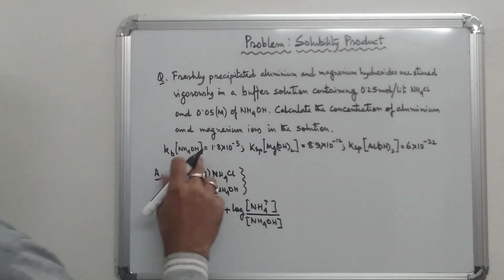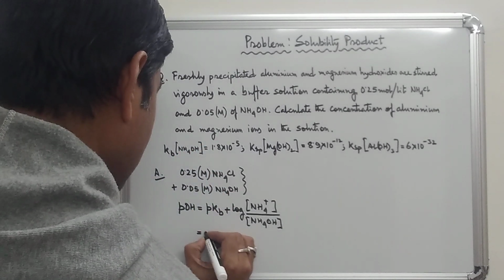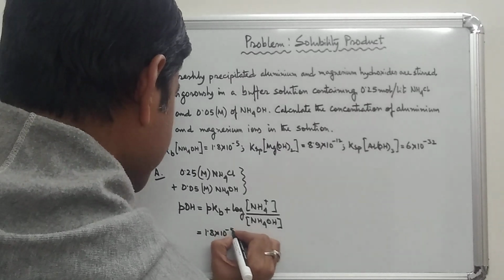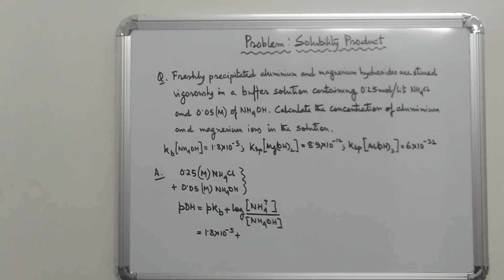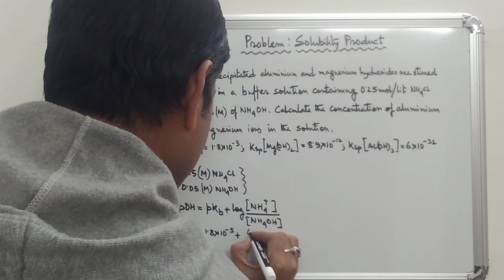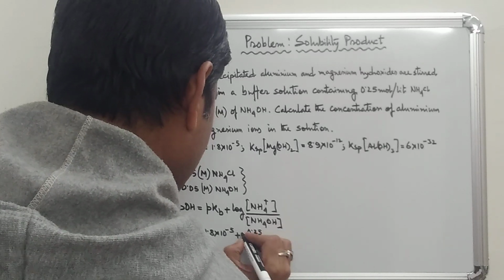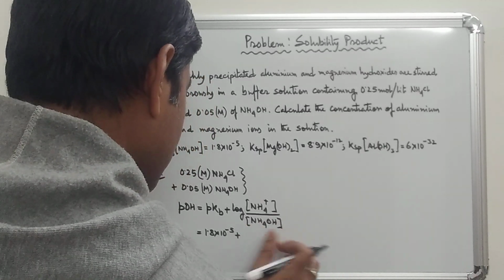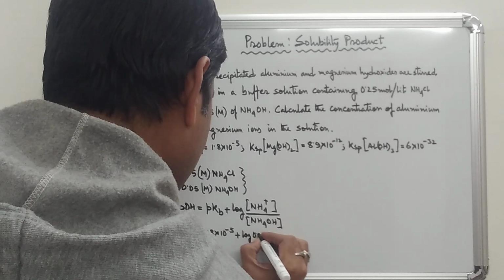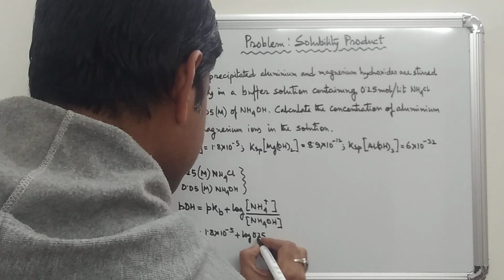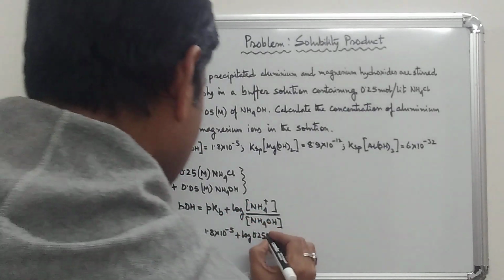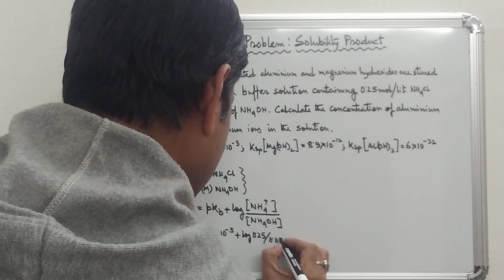Here Kb for ammonium hydroxide is given, that is 1.8 into 10 to the power minus 5, plus the ammonium ion concentration comes from here, 0.25. There will be a log, so log of 0.25 divided by 0.05, the ammonium hydroxide concentration.